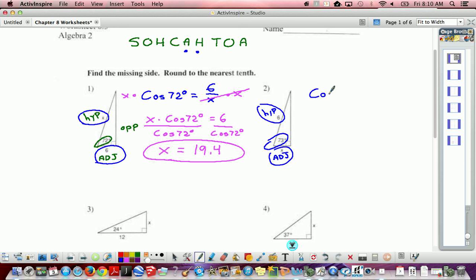So cosine of 73 equals adjacent over hypotenuse, so x over 6. This one's a little bit easier when the variable's in the top. So all I have to do for this one is multiply both sides by 6. 6 is crossed out, so x equals, and I can plug that value right into my calculator.